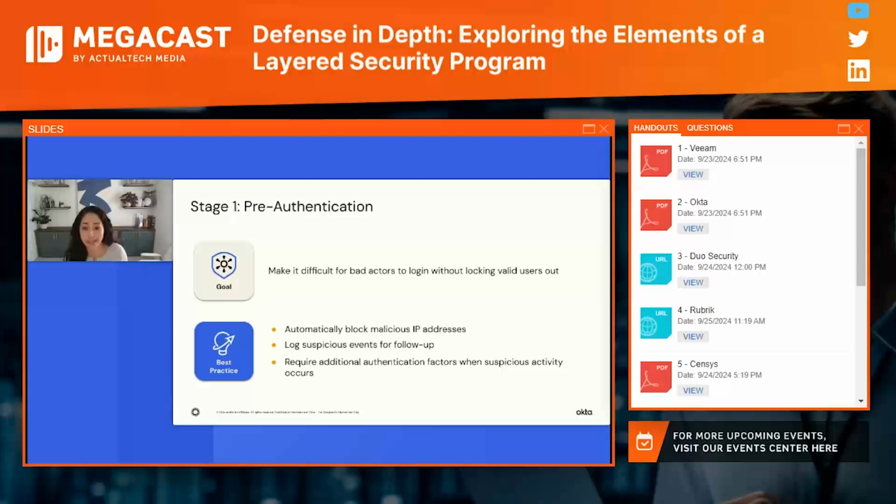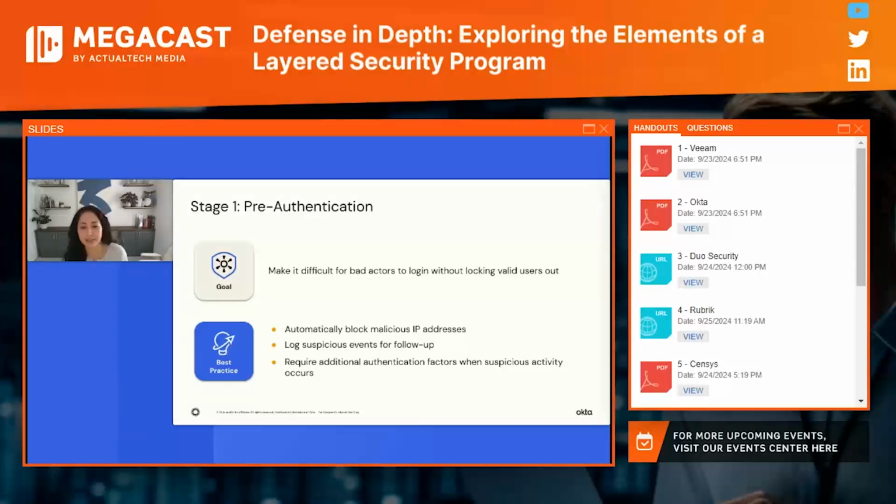Or they're using password spray, where a real username and commonly used passwords are attempted. Think password 1234, all of which is done in hopes of finding a match. It's important to note that these failed login attempts can also prevent a legitimate user from getting in, which causes a loss in productivity because the users are forced to wait for an account reset.